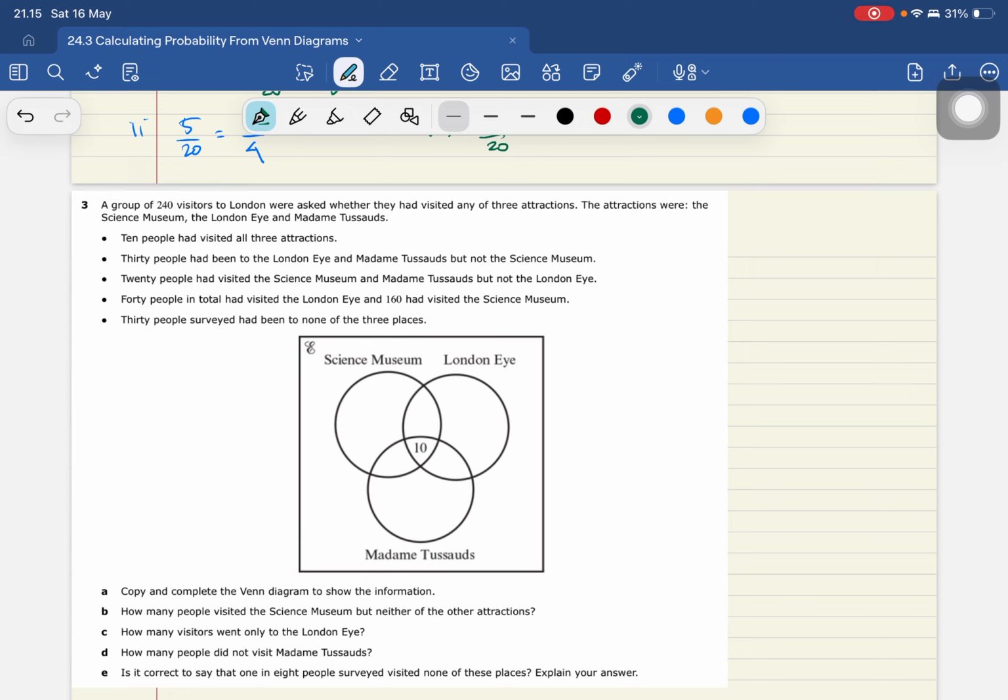Okay, a group of 240. So the total is 240 visitors to London who were asked whether they had visited any of 3 attractions. The attractions were the Science Museum, the London Eye, and Madame Tussauds. 10 people had visited all 3 attractions. Okay, we write it here, 10.